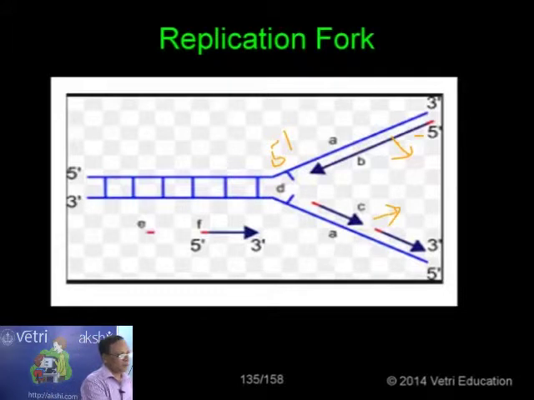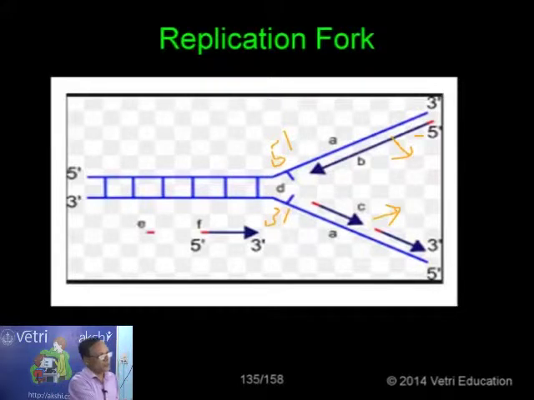Then on the other hand, you see that this is what we call the lagging strand template, running in the 5' to 3' direction. So the template strand for the continuous synthesis of DNA is 3' to 5', whereas the template for the synthesis of the discontinuous strand, or the lagging strand, is 5' to 3'.